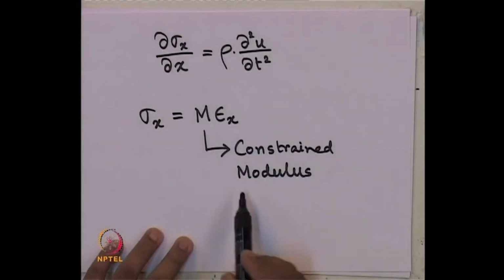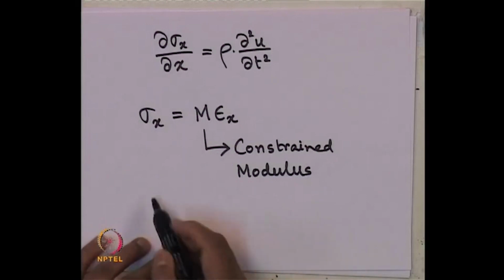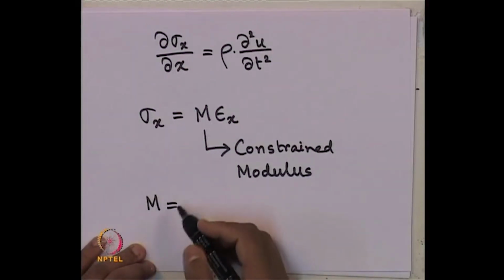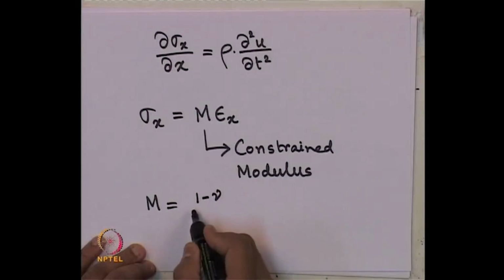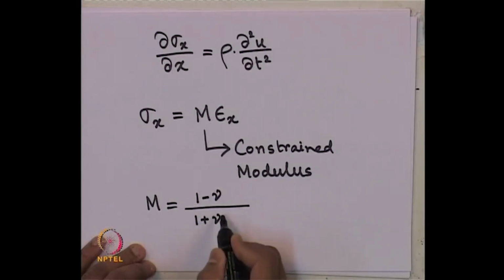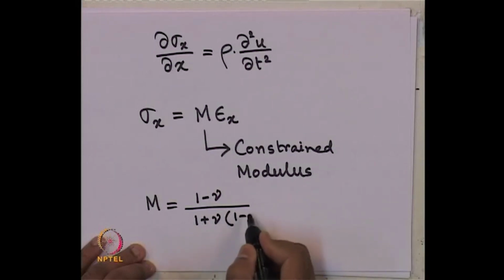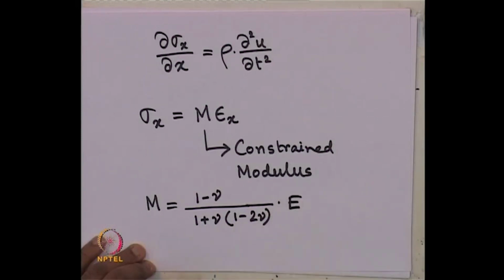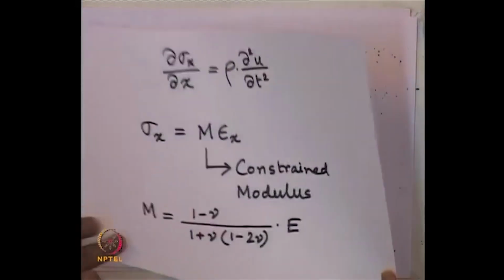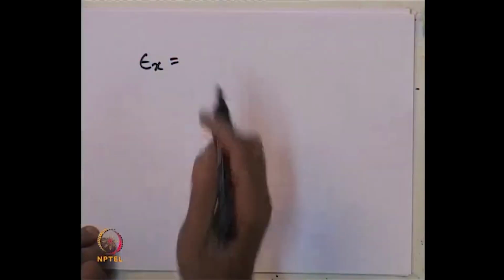So, the corresponding modulus we call the constraint modulus, M, is given in terms of E as 1 minus mu by 1 plus mu into 1 minus 2 mu times E. So, that is the expression for the constraint modulus.